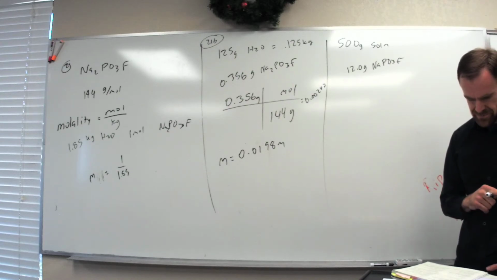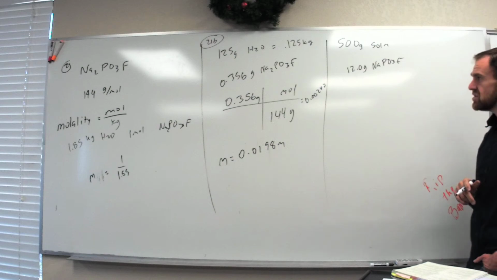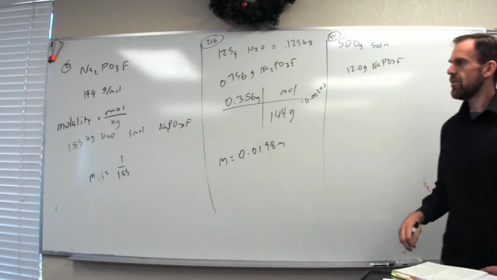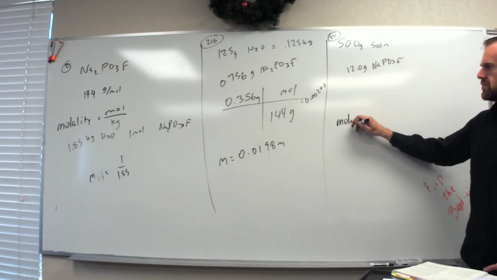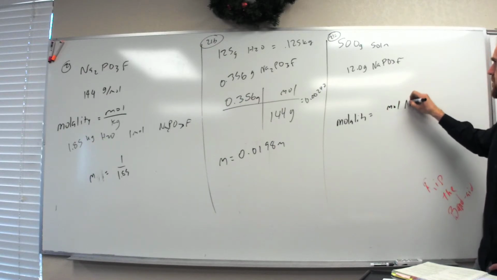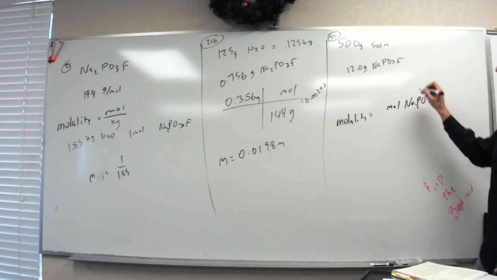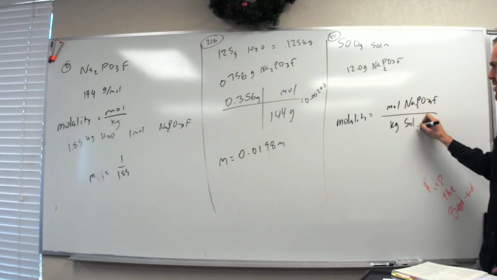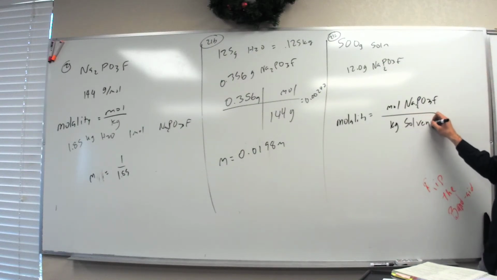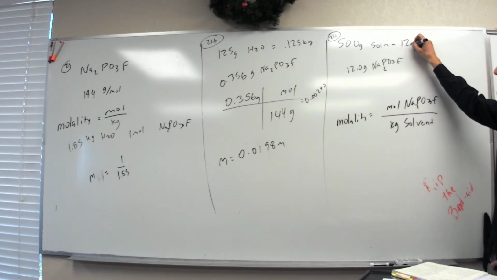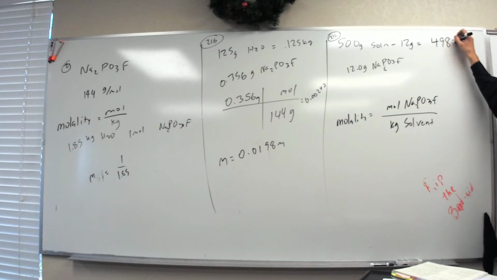What are we on? 21? Okay, so yes, 21C. So, to find molality, we still need moles of our solute divided by kilograms of solvent. So, I have 500 grams of solution, but I only have 498 grams of water.